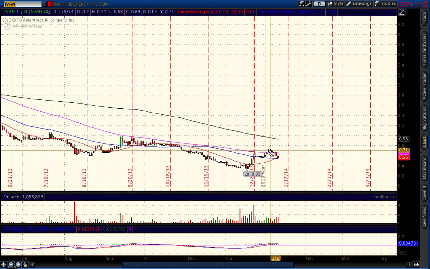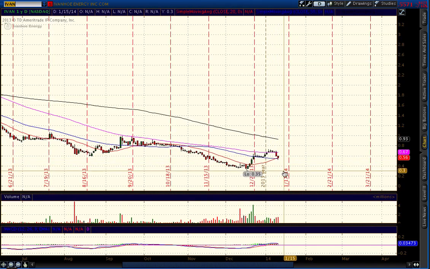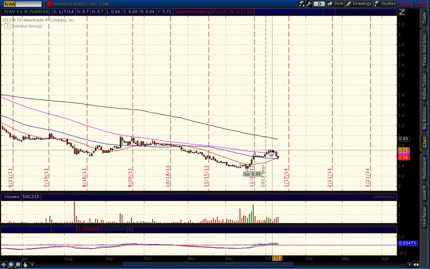So I'm just going to hold on to it and maybe look to rebuy more earlier or later if it can get back down here, 35 cents possibly. But for all intents and purposes, I'm out of Ivan since last week. I sold it at 70 cents, 69 cents a share there.